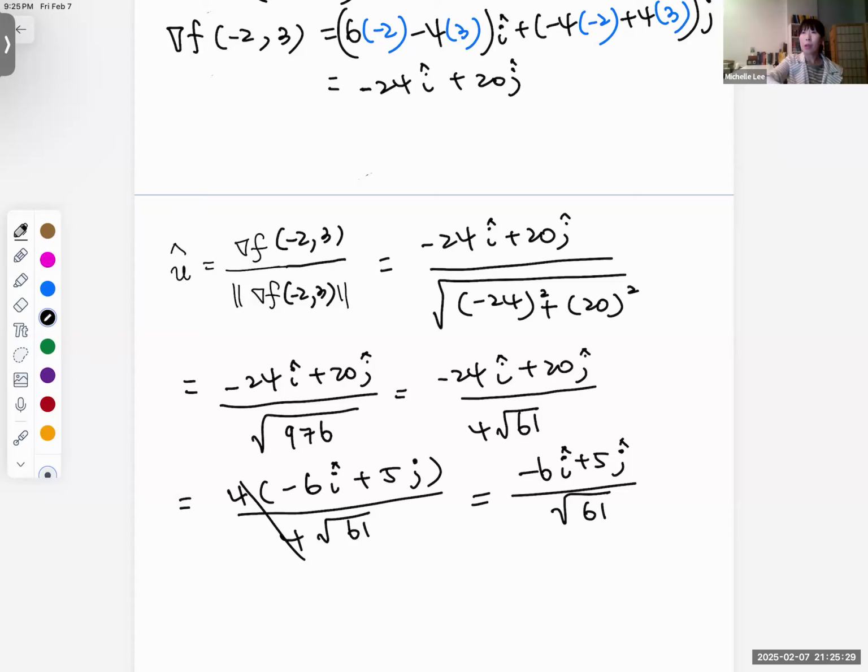We had earlier the unit vector corresponding to cosine theta plus sine theta, right?